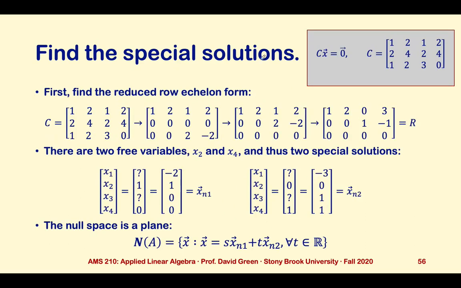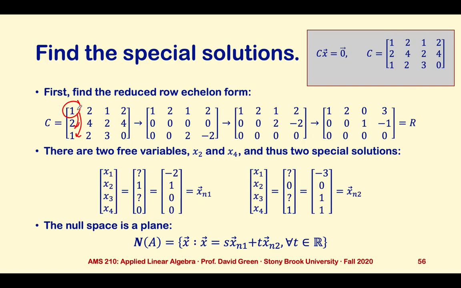Once again, we start with finding our reduced row echelon form, using our upper left pivot to eliminate downwards. 2 minus 2 is 0, 4 minus 4 is 0, 2 minus 2 is 0, and 4 minus 4 is 0.